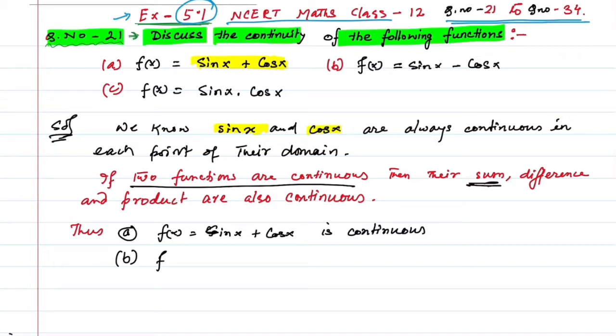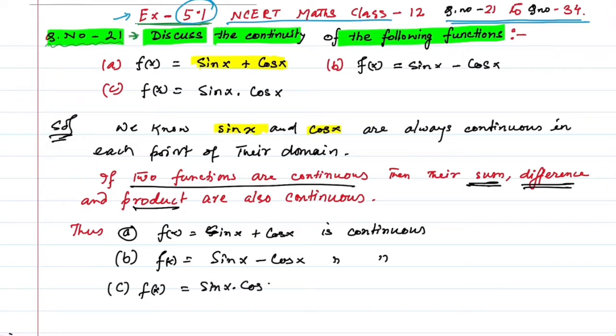And sin x minus cos x is also continuous, since the difference is also continuous. In C we have the product of these two functions, sin x into cos x. This is also continuous. That's it.